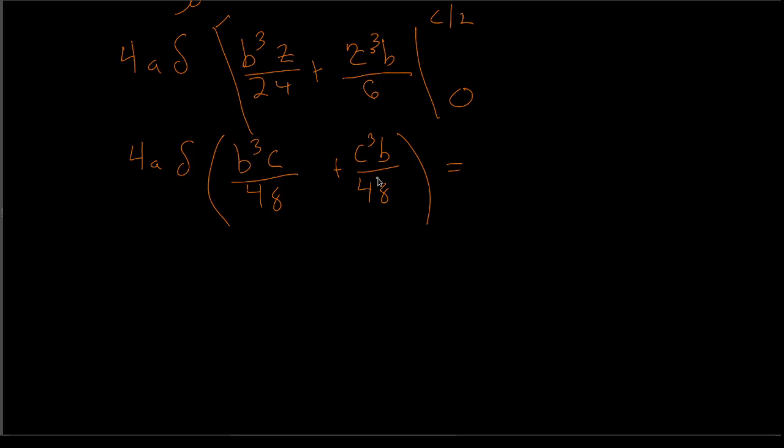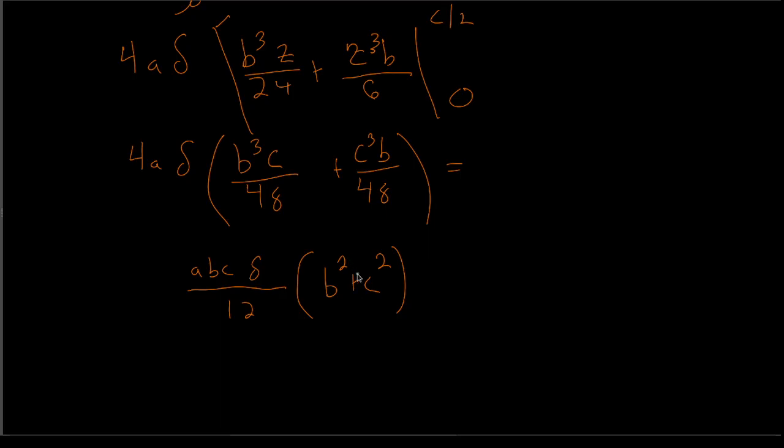And a little bit of playing here. Each of these has an a, b, c. A, B, C. 1, 2, 3. Pull out the 48. 4 into 48 is 12. And what is that? b squared plus c squared, or the radius.